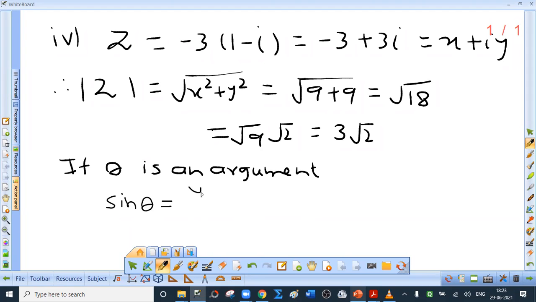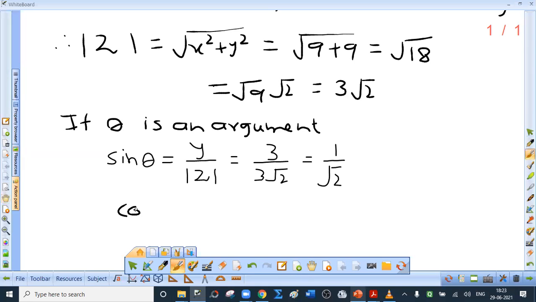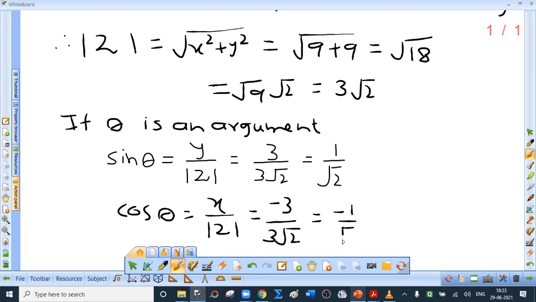I will write sine theta as y upon modulus of z. What is y? y is nothing but 3. 3 upon 3 root 2, that is 1 upon root 2. And what is cos theta? Cos theta is x upon mod z. That is minus 3 upon 3 root 2, which is nothing but minus 1 upon root 2.